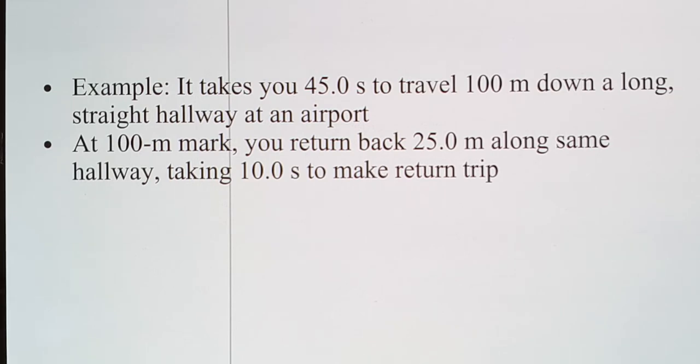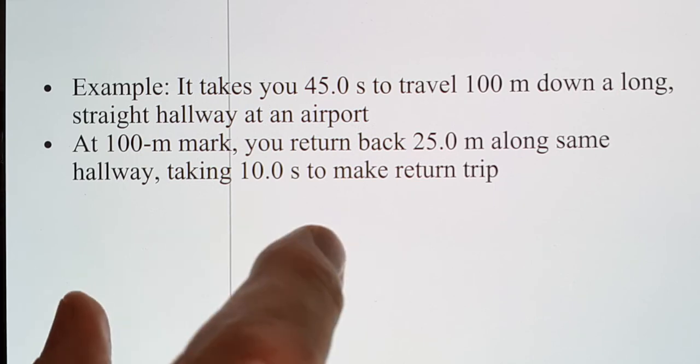It takes you 45 seconds to travel 100 meters down a straight hallway in an airport. At the 100-meter mark, you return 25 meters along the same hallway, taking 10 seconds to make your return trip. Clear?